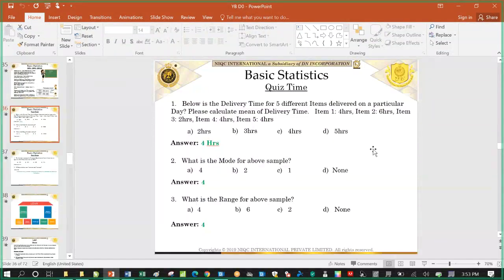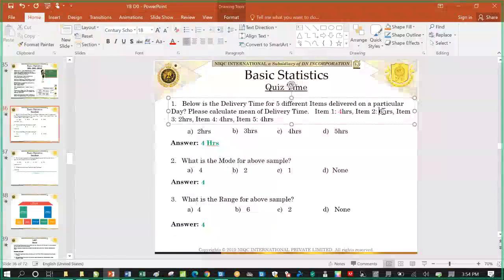Okay, so the data points we had were 4 hours, 6 hours, 2 hours, 4 hours, and 4 hours. In total we have 5 data points, and our upper limit was 4 hours.